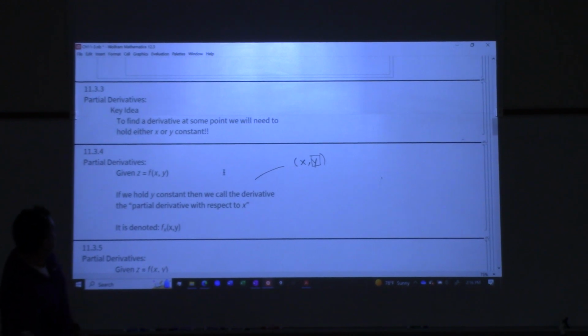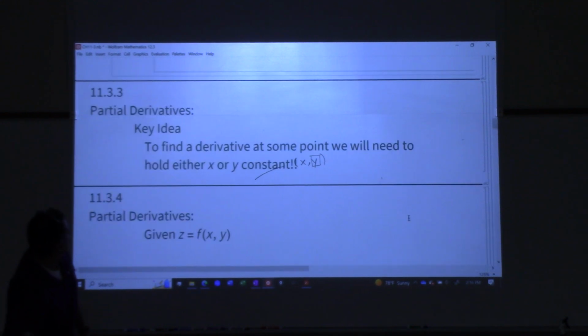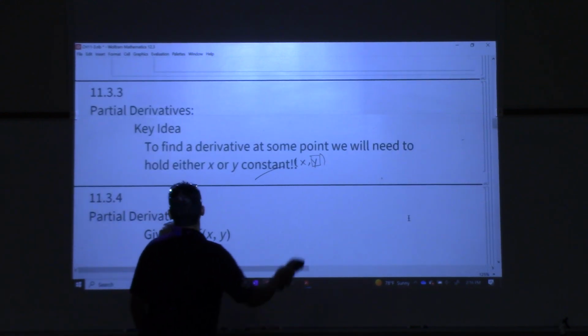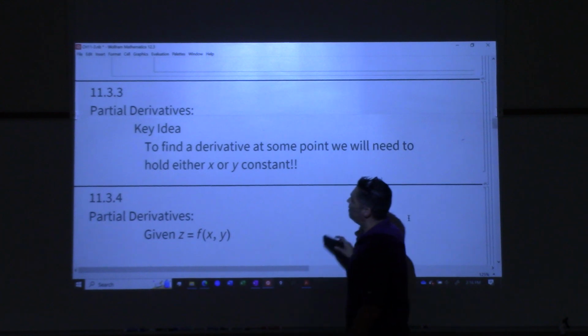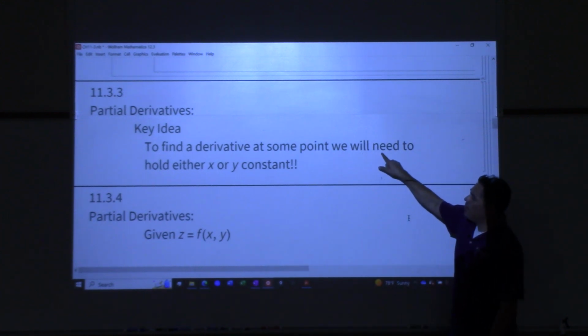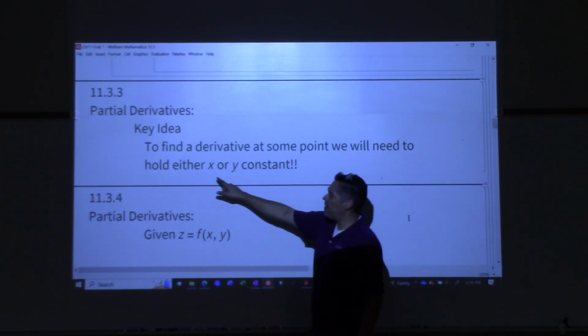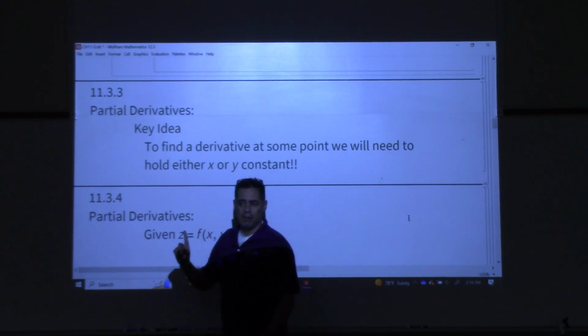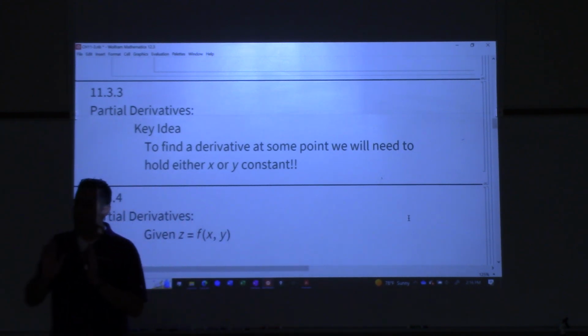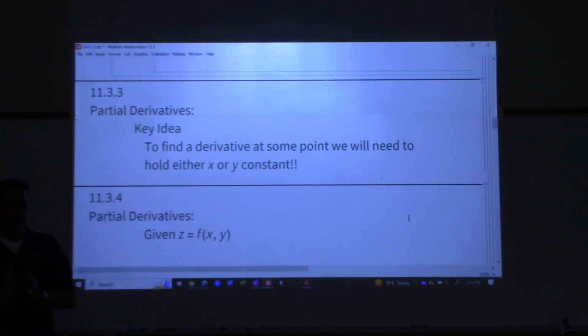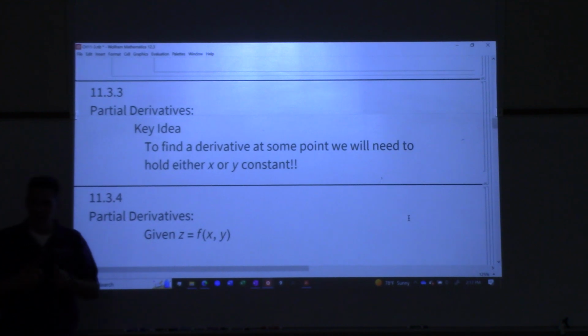All right, this is just a bunch of definitions, but there is some notation we need to make sure we're clear with. The key idea here is that to find a derivative at some point, we will need to hold either the x constant or the y. You can't hold them both constant at the same time. If you hold them both constant, then everything's a constant, and the derivative of a constant is 0, because nothing is moving.